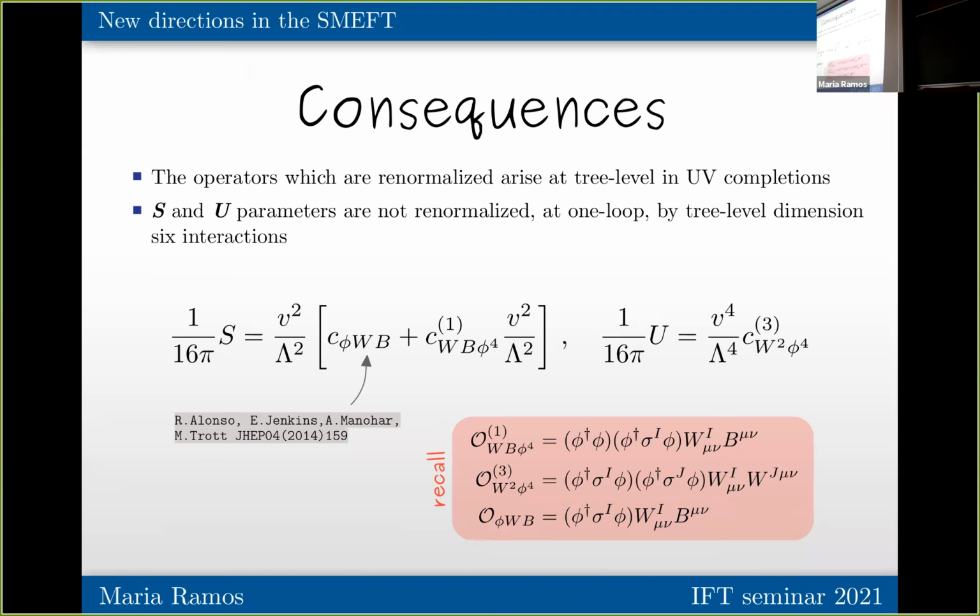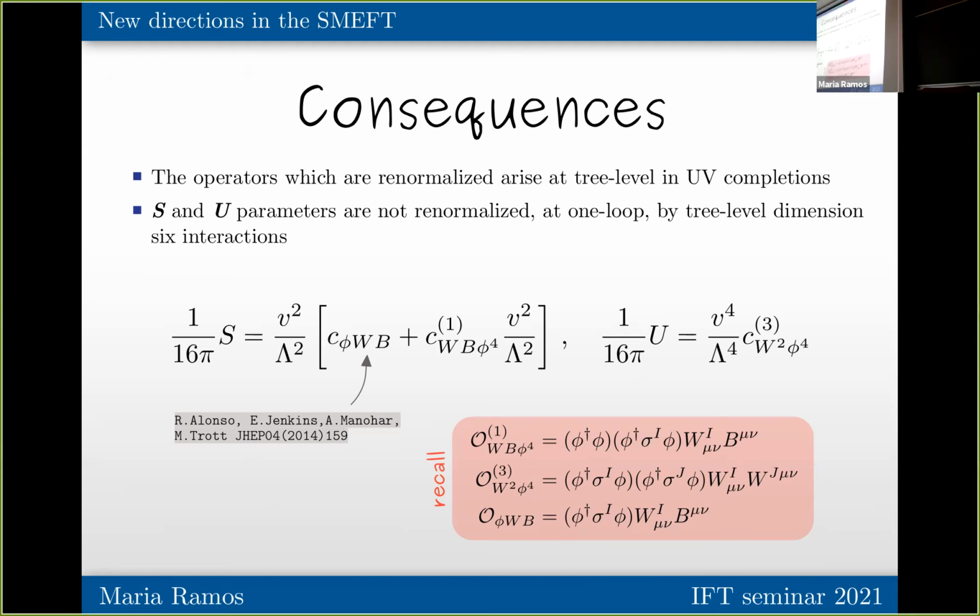What we find at dimension 8 is another contribution, this operator defined below, the WB54, and again, this is only generated at loop level. So we find that the conclusion that this parameter is not renormalized by tree-level dimension 6 interactions still holds when we consider corrections at order 1 over lambda to the 4th.